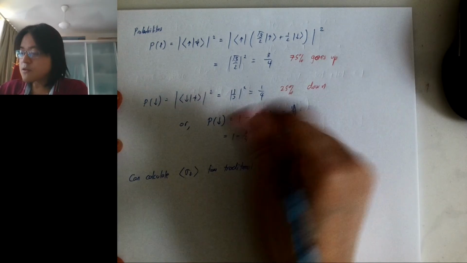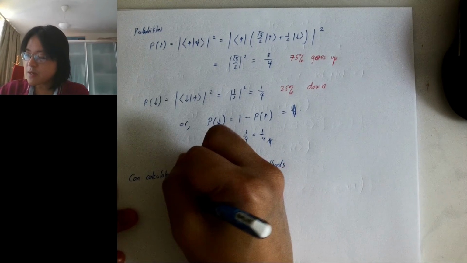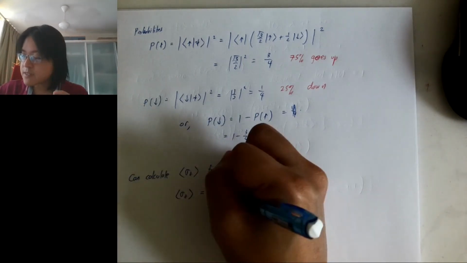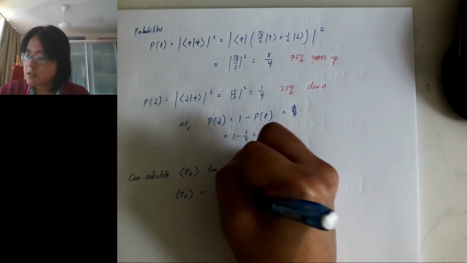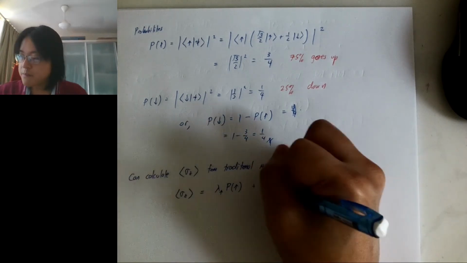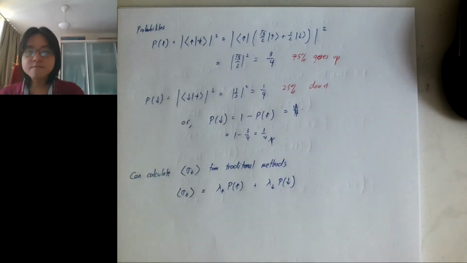Just now I calculated using the bra-ket approach, but because this is the expectation value, it's just taking the eigenvalue of this state and multiplying by the probability, and then plus the other eigenvalue times its corresponding probability.